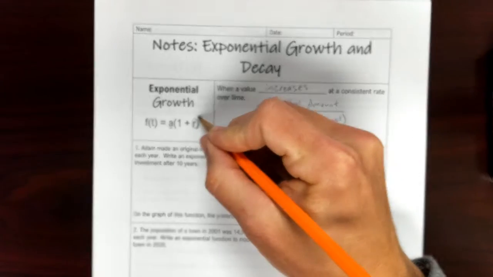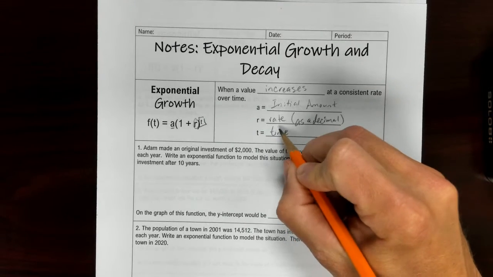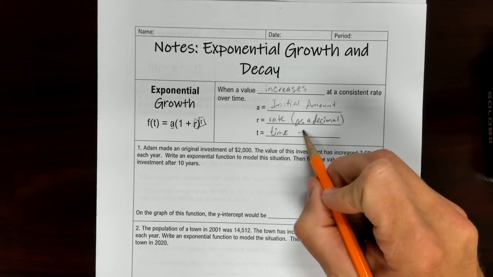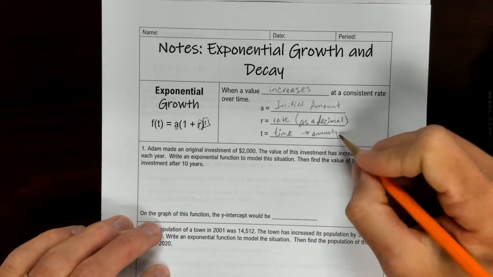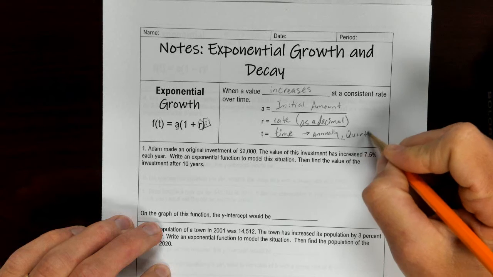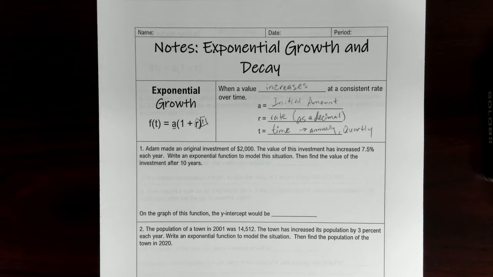And then T is going to be your time. You'll see this as annually, quarterly, something like that.